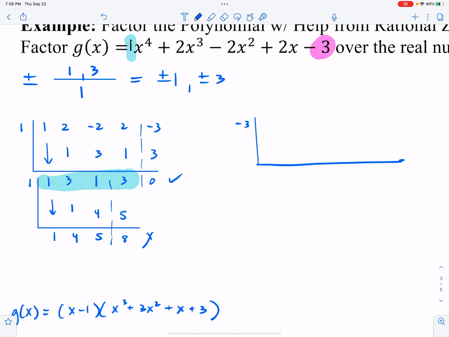Put those coefficients of that factor we're trying to factor there, because if x plus 3 is a factor, then it should divide into that remaining factor. So bringing the 1 down, 1 times -3 is -3.